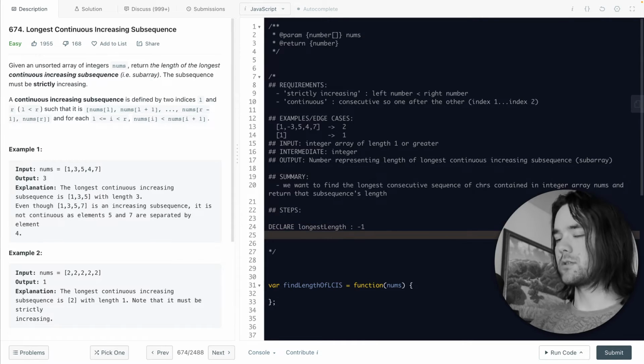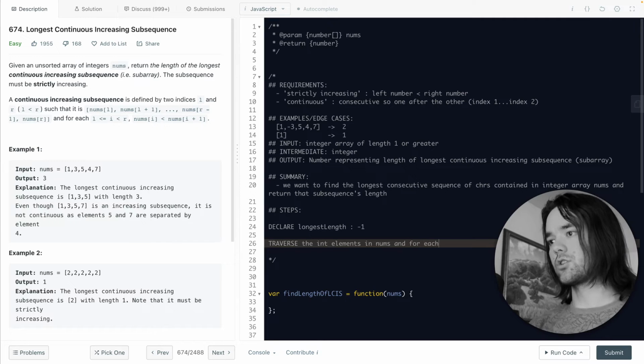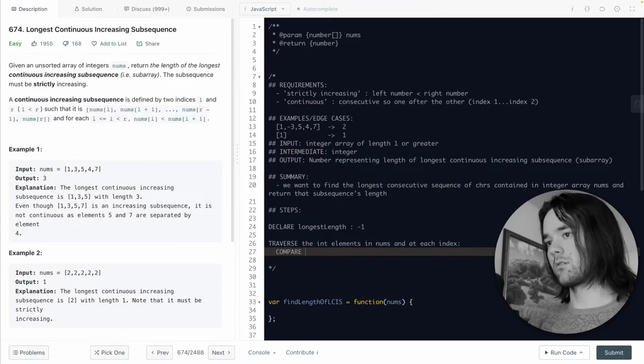But then the next step would be to traverse the integer elements in nums, and for each element, at each index, we want to compare the value at i and i plus 1.